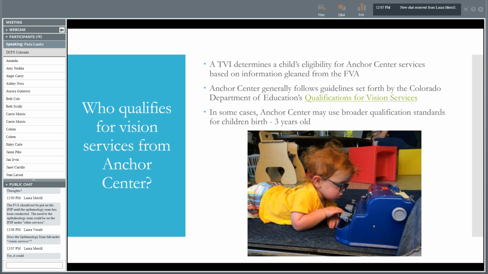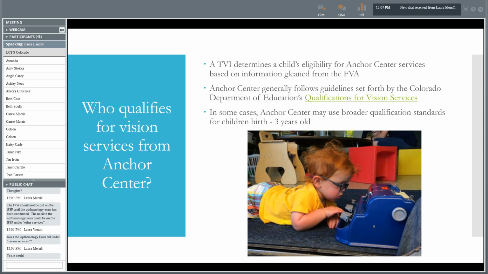But what we found, especially working with the little guys, is that it's such a foundational time of their lives, with as much growing and developing as they're doing those first few years. And so while we use the guidelines set forth by the Department of Ed, we can be much broader about those. So if we have a child who has pretty good vision in one eye but no vision in the other, they would not qualify for services in the school district, but we would absolutely want to see those kiddos.